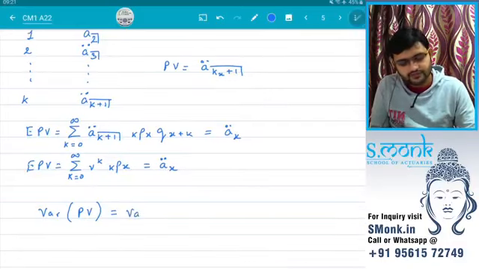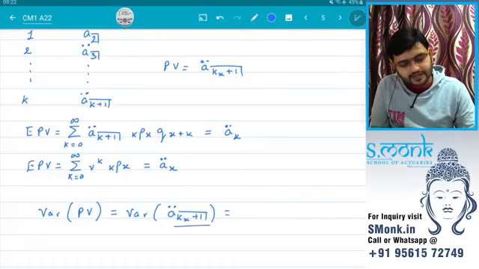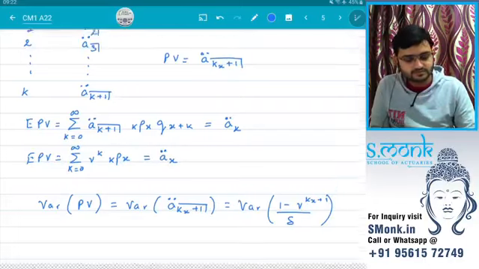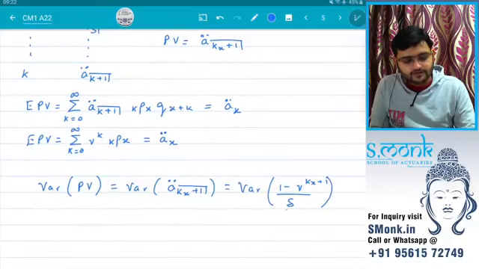Okay, so we will have variance of this, which is just going to be A due kx plus 1. This is nothing but our level annuity. Variance of (1 minus v raised to kx plus 1) by d. Whenever we take out a constant, the square comes out.